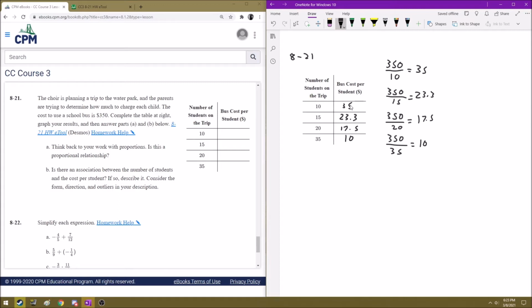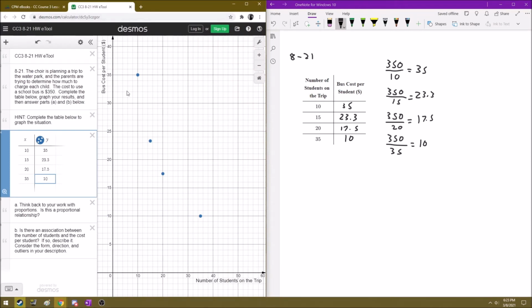So it might be a little hard to visualize whether this data meets the 2 requirements of a proportional relationship, but if you use this tool over here, you can plot these points by filling out this table and see the points right here.